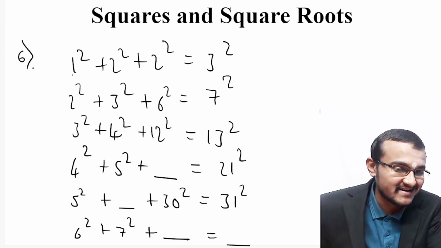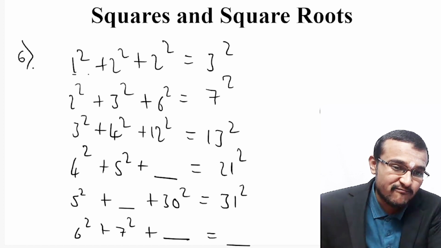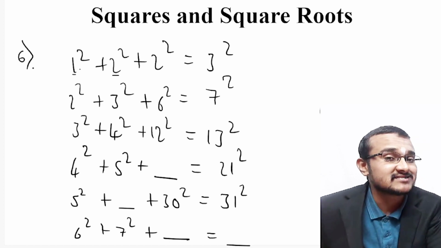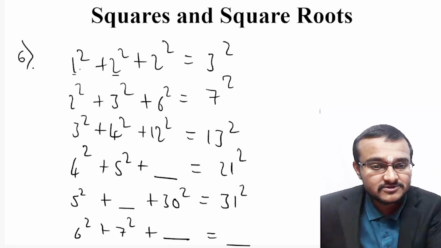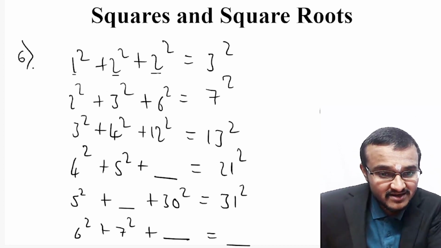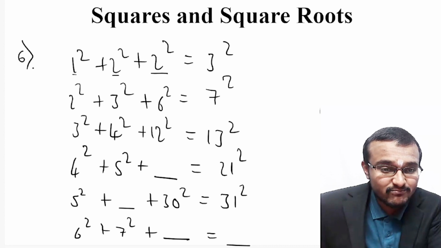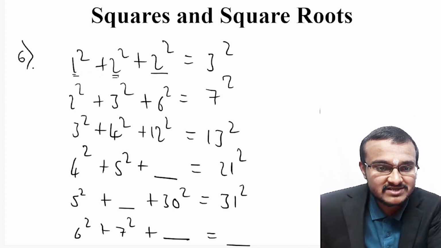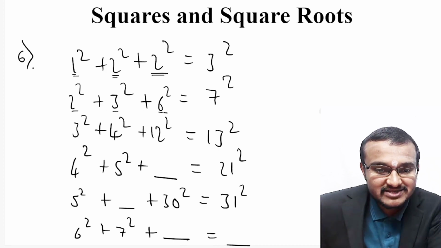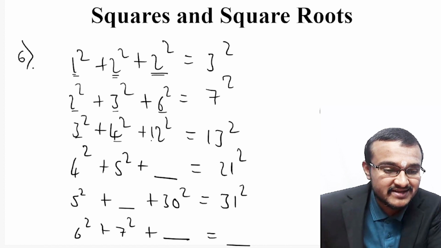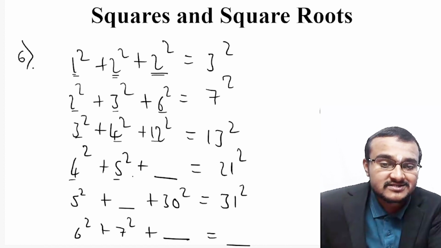So here you can clearly see, when you multiply 1 and 2, what is the answer? 2 is the answer. So that means the third number is the multiplication of first number and second number. That means 1 into 2 will be 2. 2 into 3 will be 6. 3 into 4 will be 12. 4 into 5 you should find out.